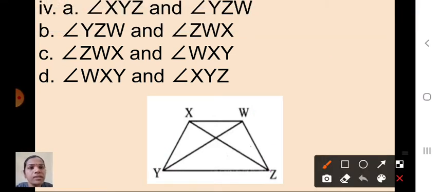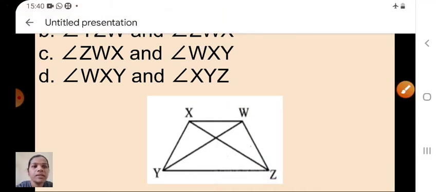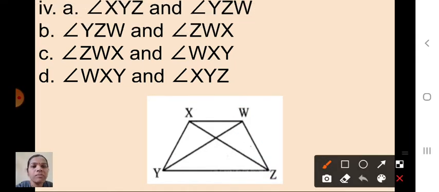Next is angle YZW. Here we are mentioning this angle. The adjacent angle of this angle is ZWX. ZWX means which angle we are mentioning here? W. Understood, children?